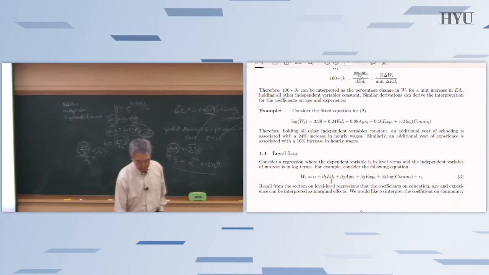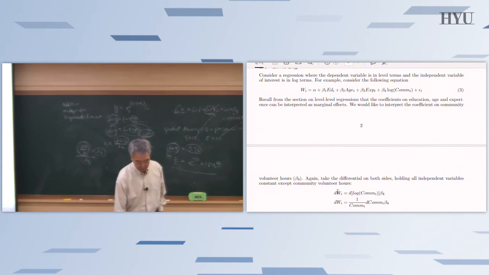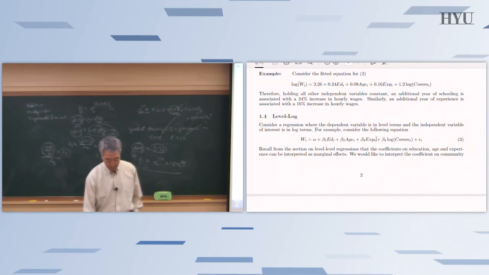If you read this, I think you can easily understand because I've already shown you a couple of examples. I'm not really concerned about level-log, but for your own interest, you can try to understand it.